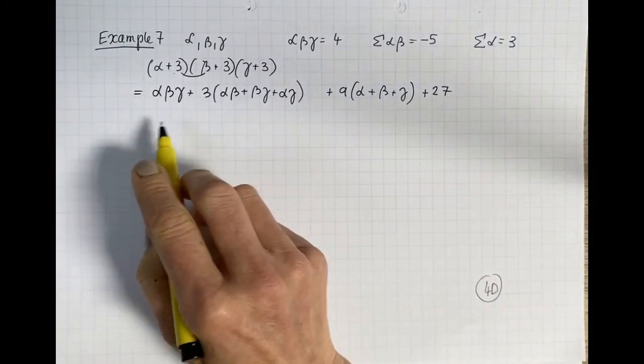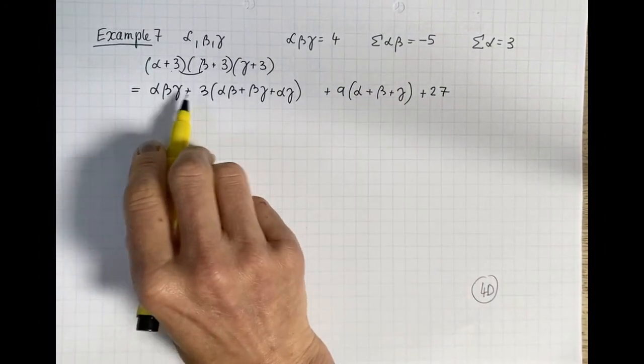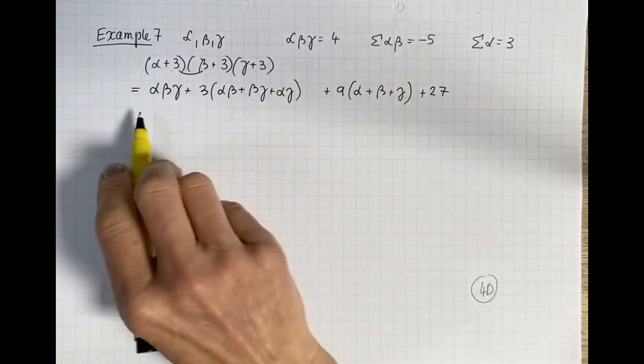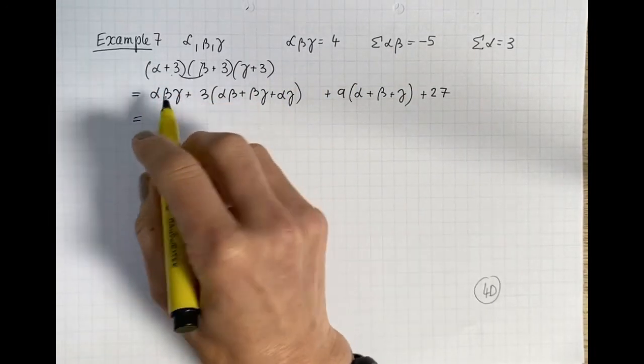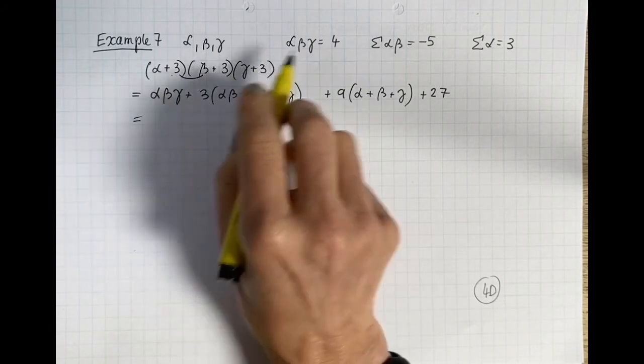Okay, so we've obtained that expansion. You could see that these are just our result over here that can be inputted. Alpha beta gamma is going to be 4.